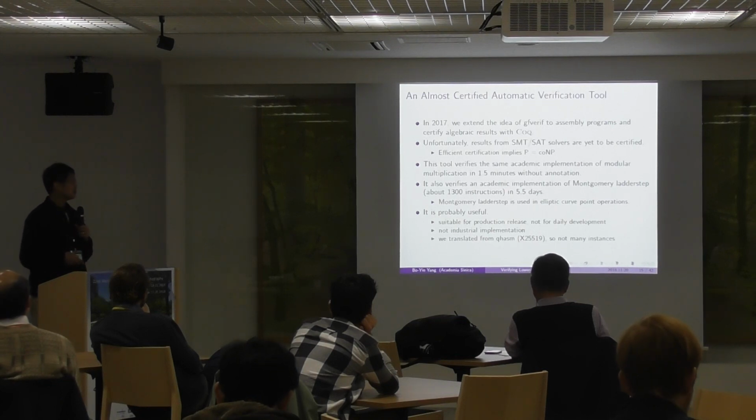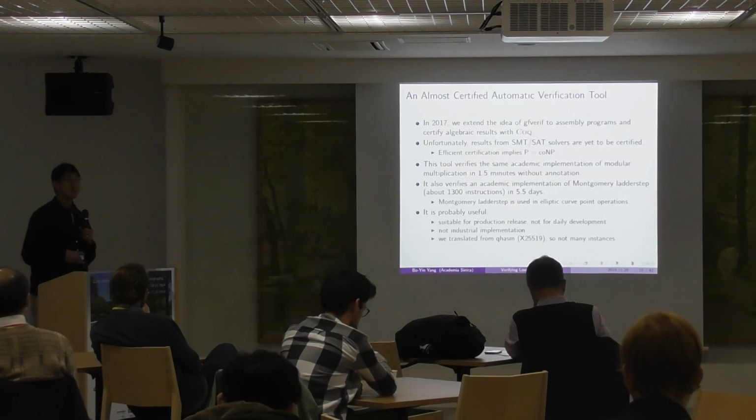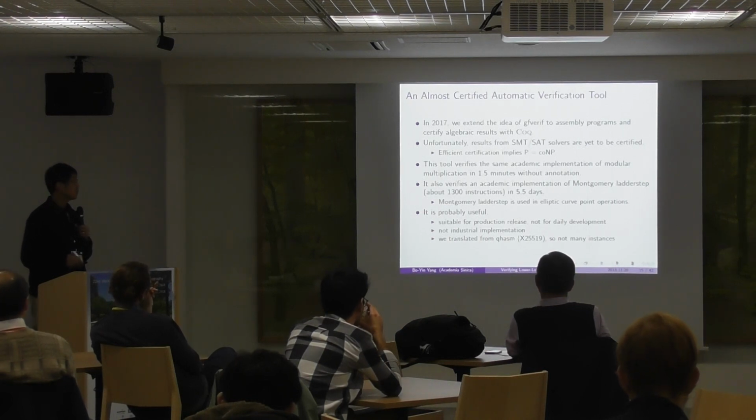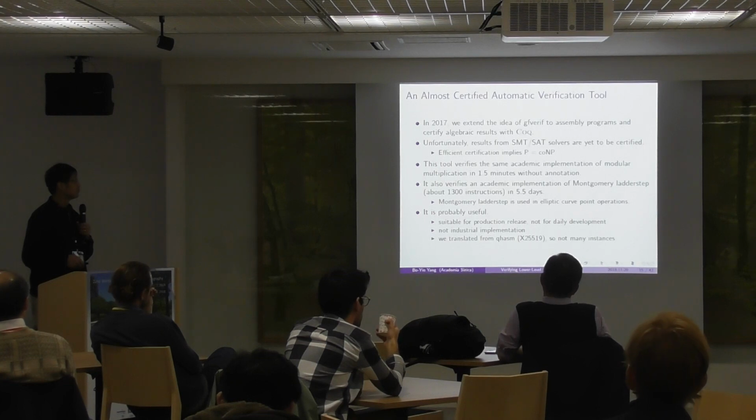Again, it's suitable for your production release and not for your daily development. It's not an industrial implementation, and we translated it from Qhasm, that's a normal assembly language. Not that many projects use Qhasm. So we need more work, and we did more work.